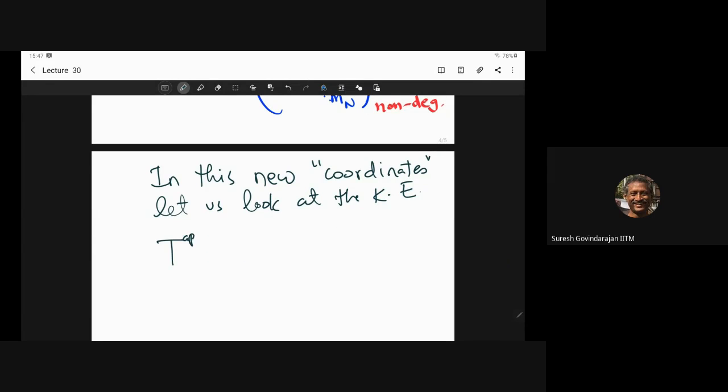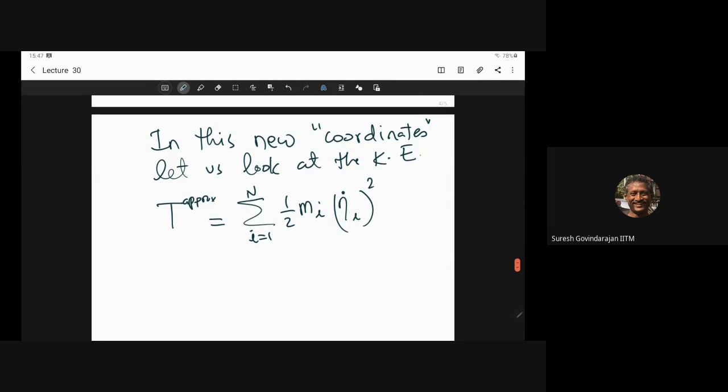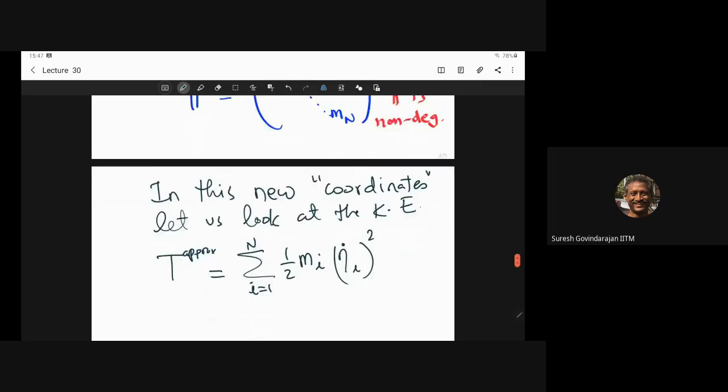Of course, T approx will be diagonal, and you put this in, this is what we get.